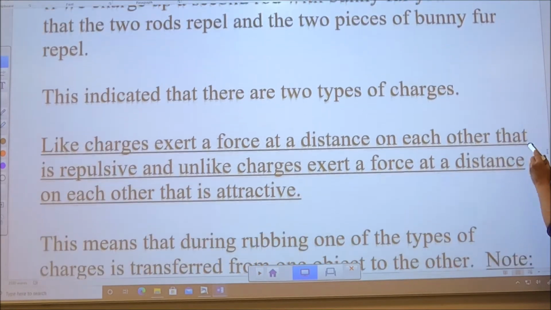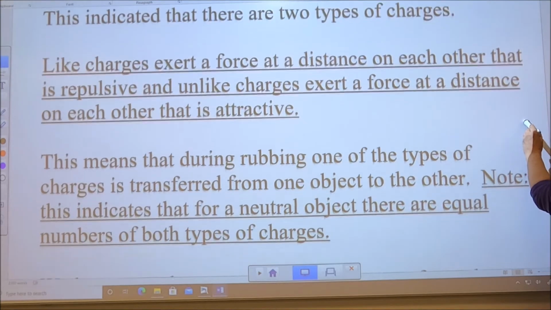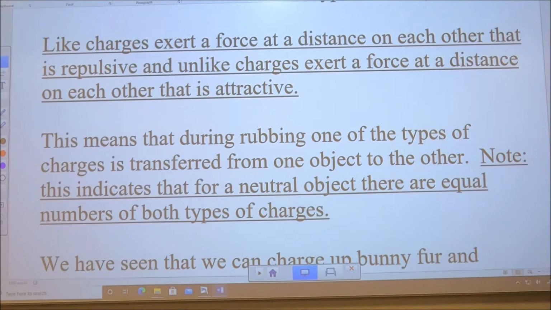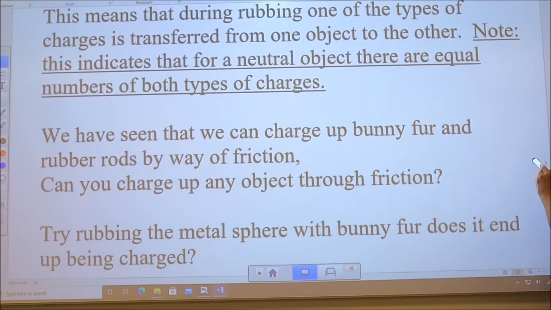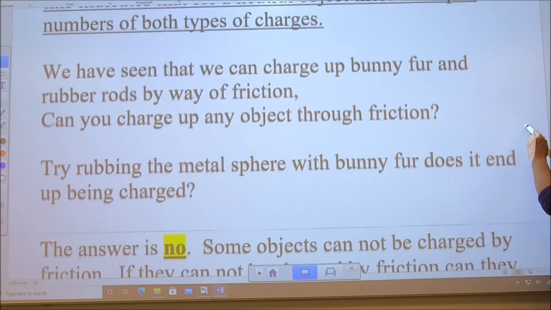We know that like charges repel each other and unlike charges attract each other. And these are forces at a distance. The objects do not have to touch to interact. What the rubbing to charge tells us is that a neutral object has equal numbers of both types of charges: an equal number of positive charged objects and an equal number of negative charged objects.